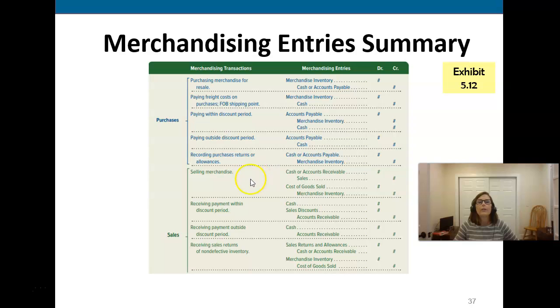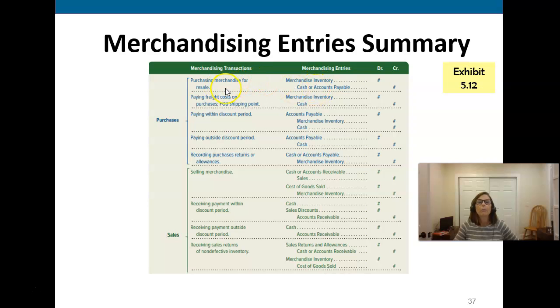So this is kind of just a snapshot of the entries that you will make if you are on the purchasing side, or the sales side of it, and the journal entries, the debits and the credits.